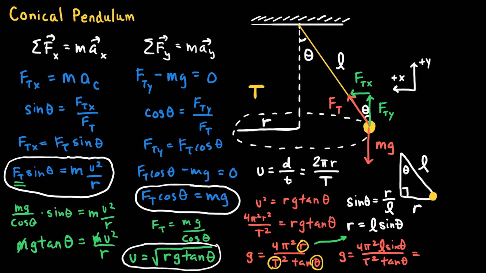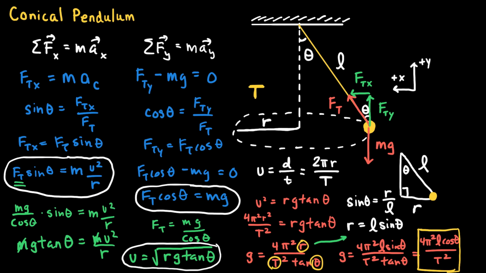And so this equation could be written more simply as 4 pi squared L cosine theta over the period squared. And I think that that might be the most simple expression in terms of doing an experiment where you use a conical pendulum to measure the acceleration due to gravity.